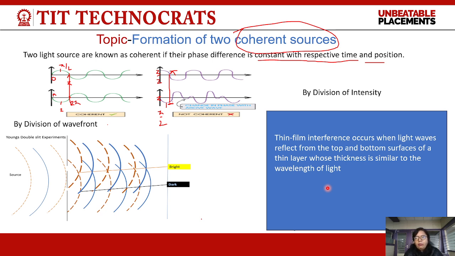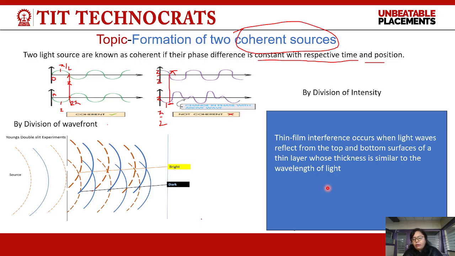Whenever a soap bubble is formed, there is a thin film between the air. On one side there is air, on the other side there is air, and in between there is a soap film. This soap film is known as a thin film.